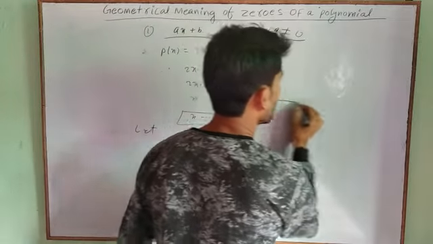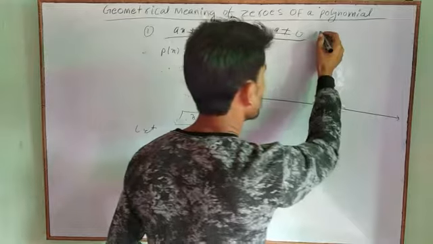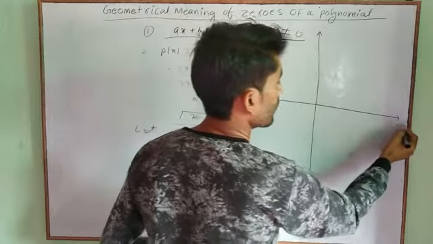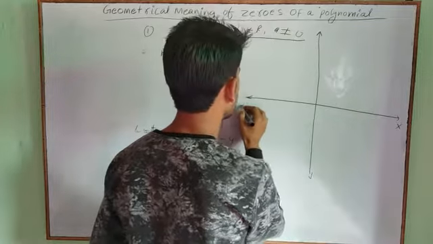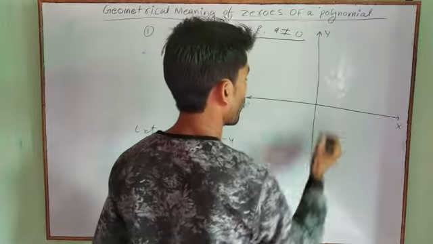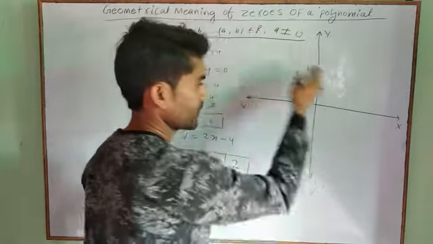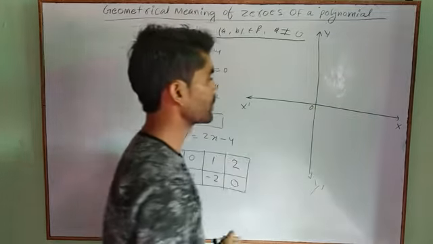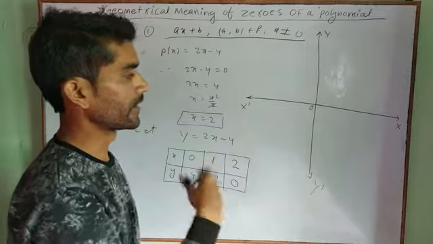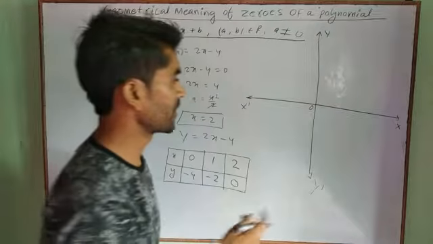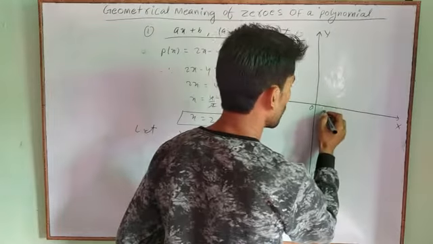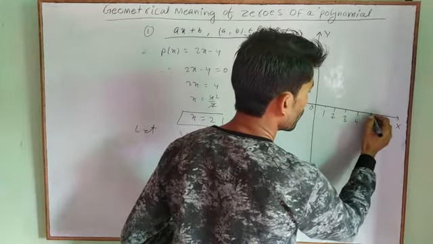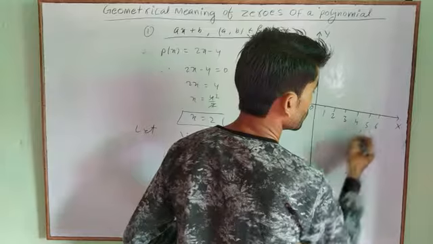So here I'm drawing x-axis, y-axis in a plane. So this is called x-axis, x dash, y dash. Where these lines are intersecting, that is called origin, right? And right of the 0 on x-axis, we take positive values of x, 1, 2, 3, 4, 5, 6, right?